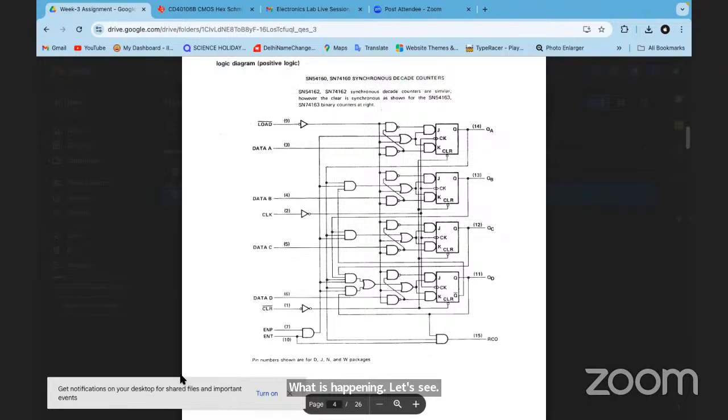Okay. So now tell me, you are connecting the ADALM output to which input here? Clock, sir. Okay.